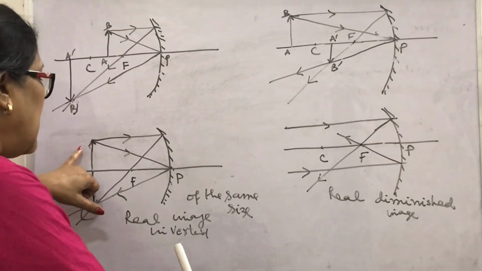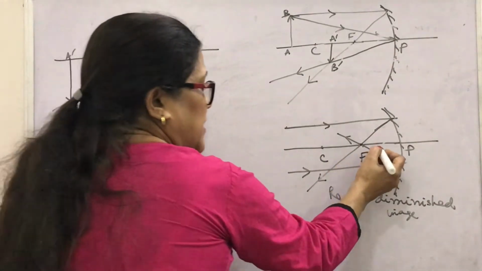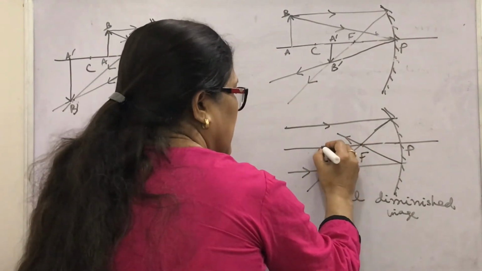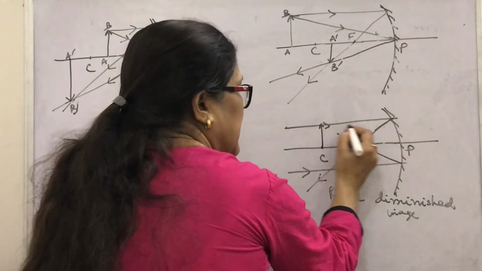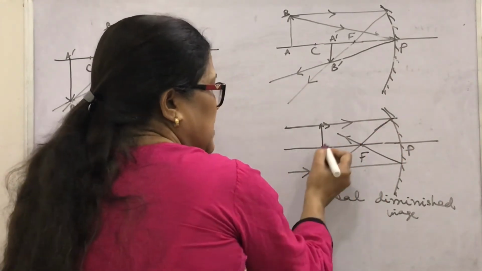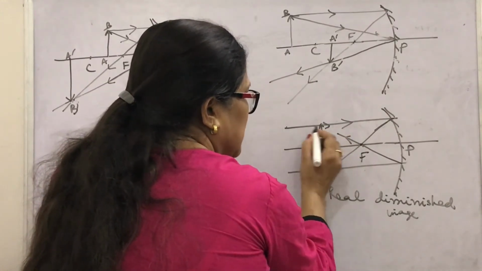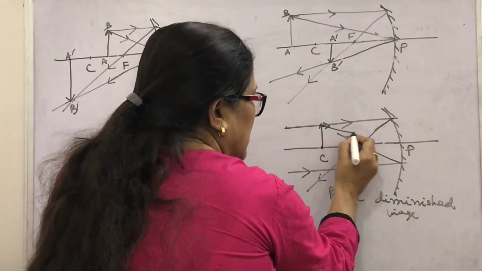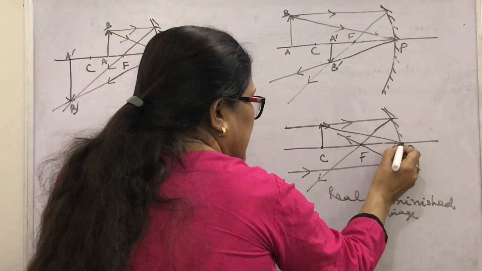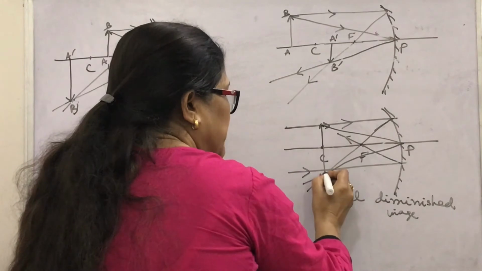Suppose at this point here we keep the object, then one ray, parallel to the principal axis, will pass through the focus. The other ray will pass this way, and it will be reflected in such a way that this image is obtained.